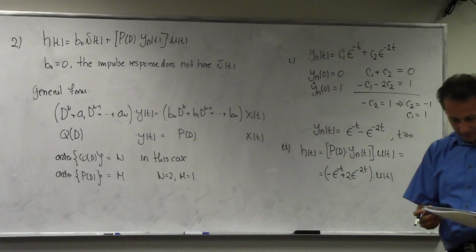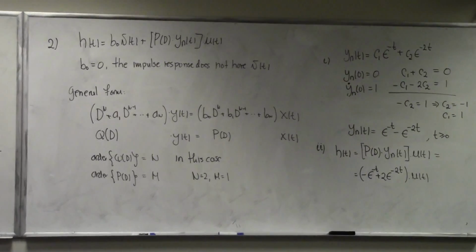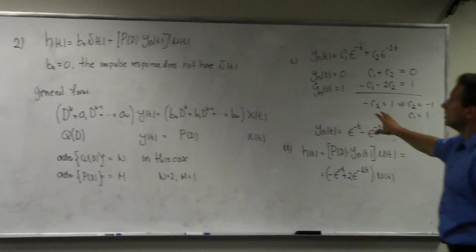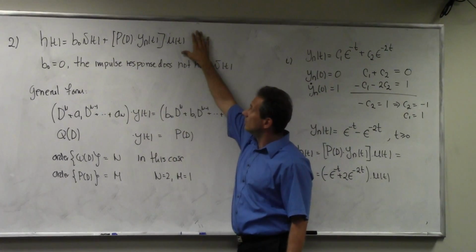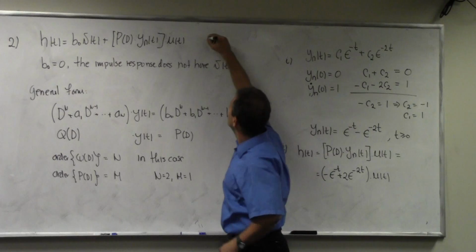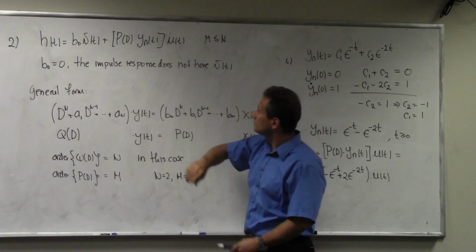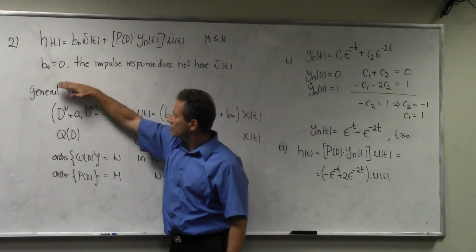Okay, let me double check because I'm known to make mistakes. So it's correct. Did you follow this step? This is the most generic formula. This applies always when m is smaller or equal to n. In our case, m is smaller than n, so b0 is equal to 0.